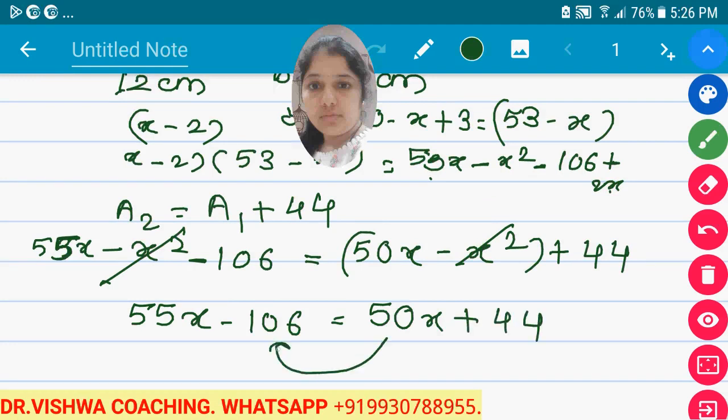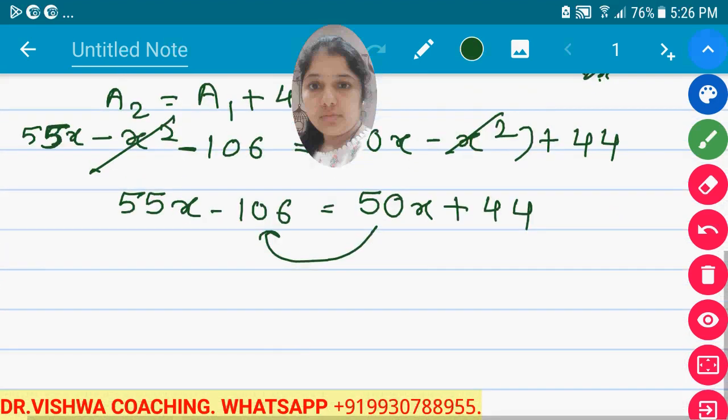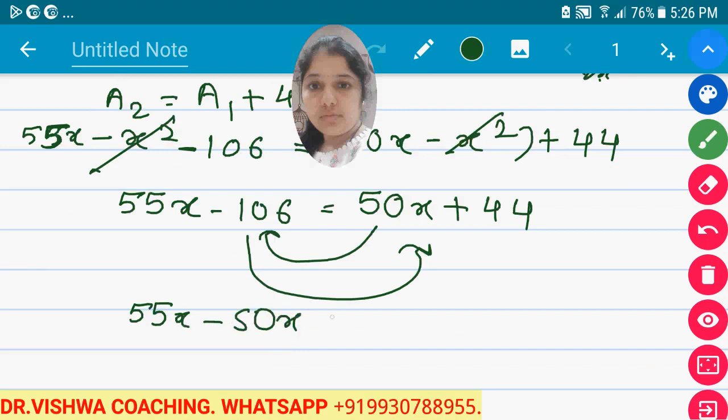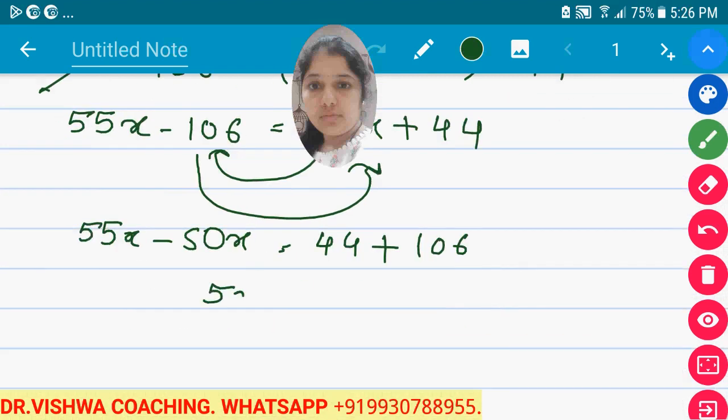Now I will bring this 50x to left hand side and bring this 106 to right hand side. So it becomes 55x minus 50x is equal to 44 plus 106. So the new equation will be 5x is equal to 150.